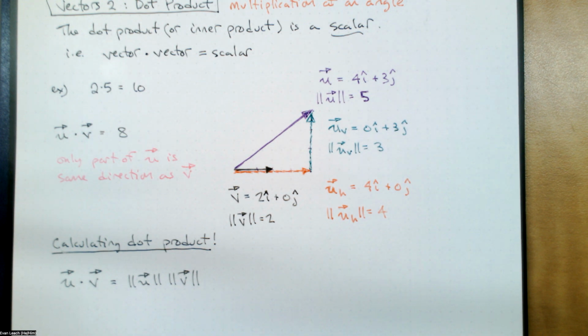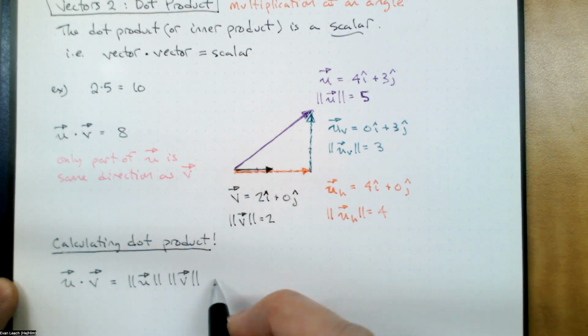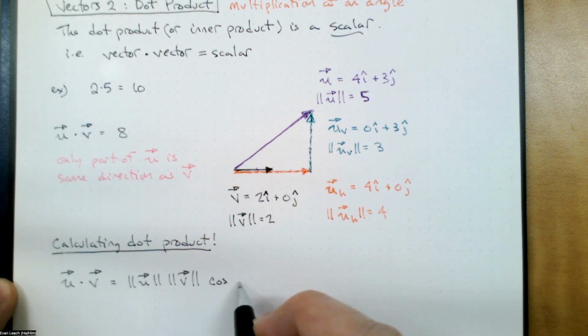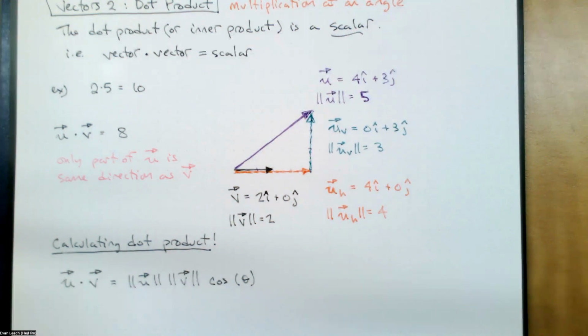So U dot V is the magnitude of U times the magnitude of V times the cosine of the angle between the vectors.